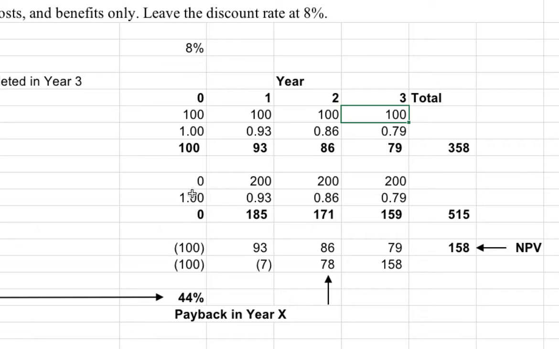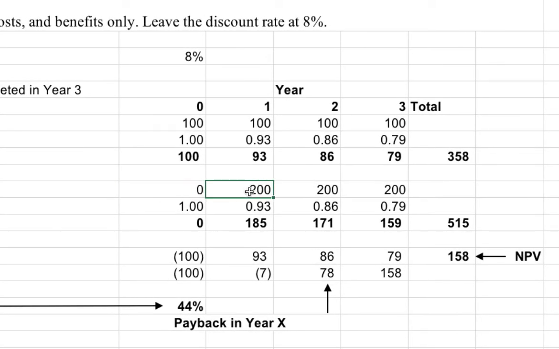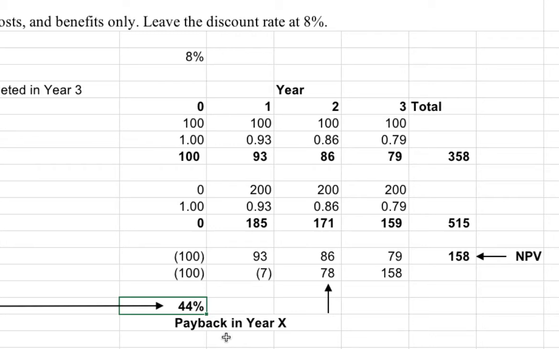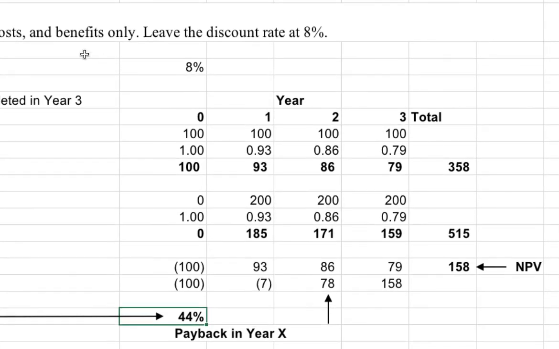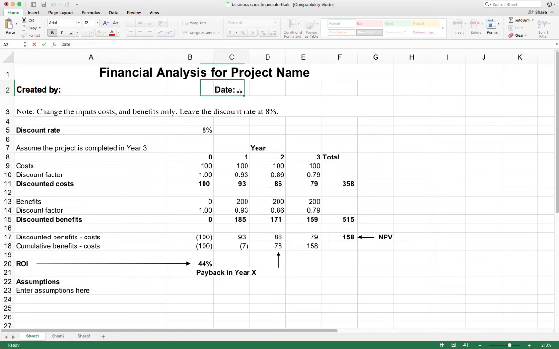Then you want to put in the values of the benefits for each of the 4 years, and then you will end up with a positive net present value and a positive return on investment. And of course you want to make sure that you put in your project name here. For the created by, you could put in just your team name and then the date of the project.